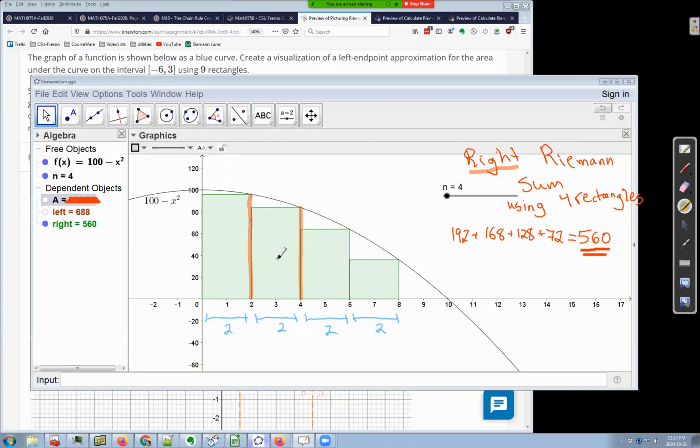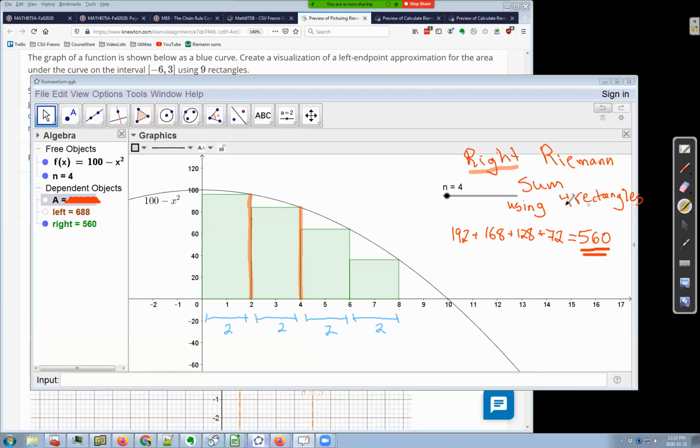And the second rectangle, you took the right endpoint of the second rectangle, plugged it into the function, and that gave you the height. So that's why we call this a right Riemann sum. It's not right as in right or wrong. It's right as in right or left.